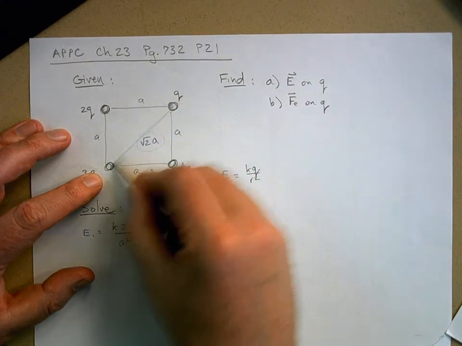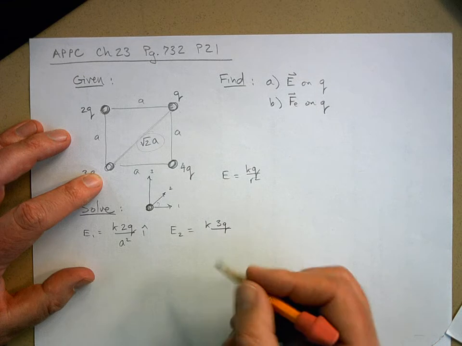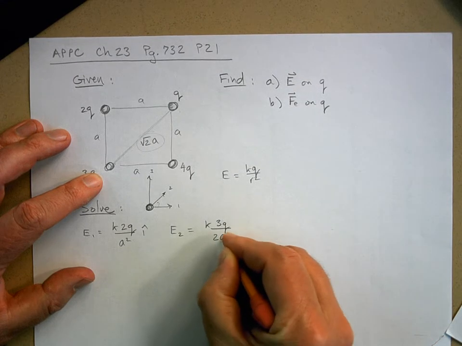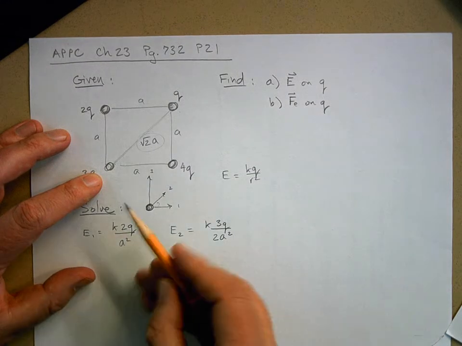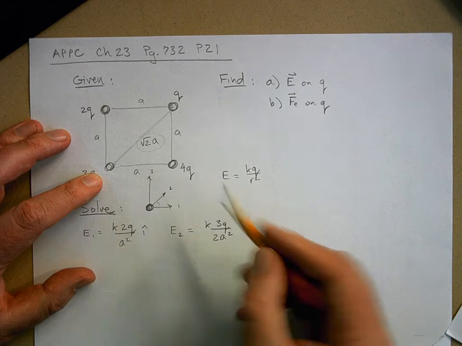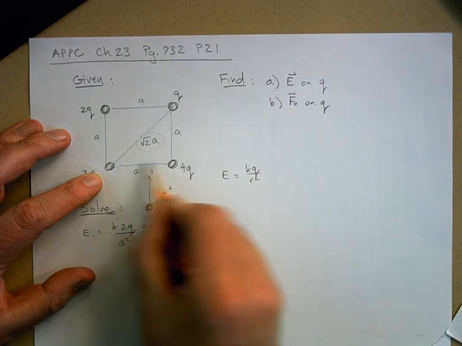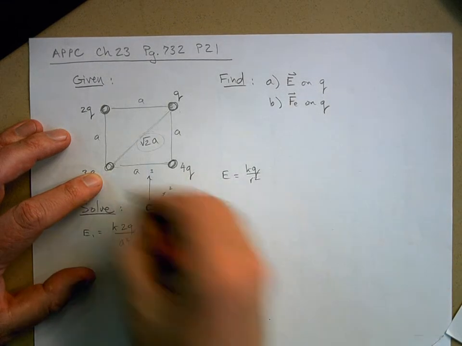So you have to square that to get R squared. So it's going to be 2 times A squared. Now, if you want to get it in components, we're going to multiply by the cosine of the angle.